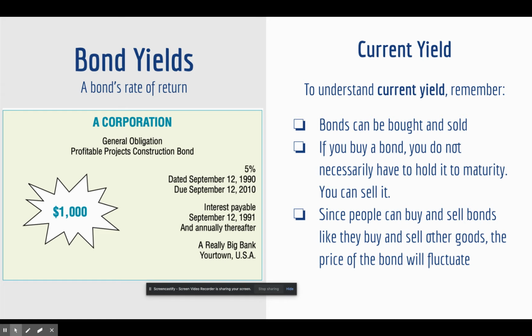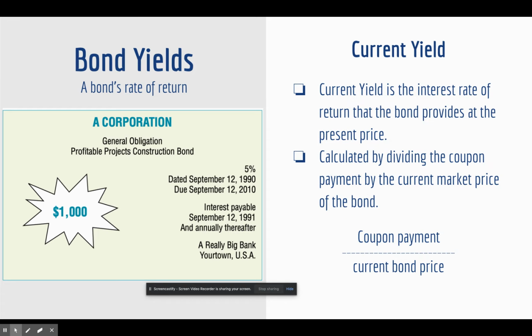But if you buy a bond, you don't necessarily have to hold it to maturity. And since people can buy and sell bonds like they buy and sell other goods, the price of the bonds will fluctuate. So there is a bond market where bonds are bought and sold, depending on the current interest rate or the current coupon rate for similar or other bonds.